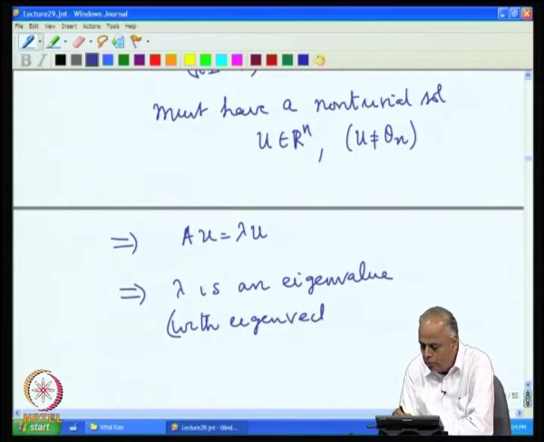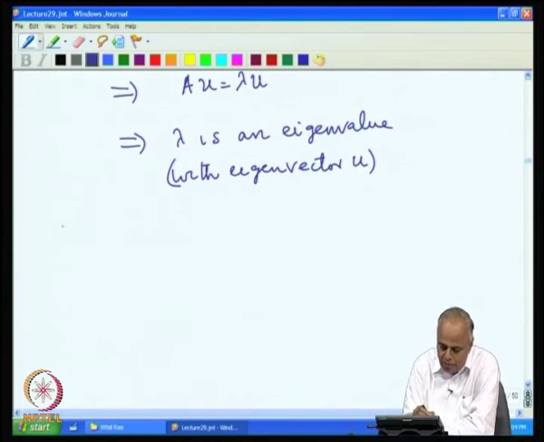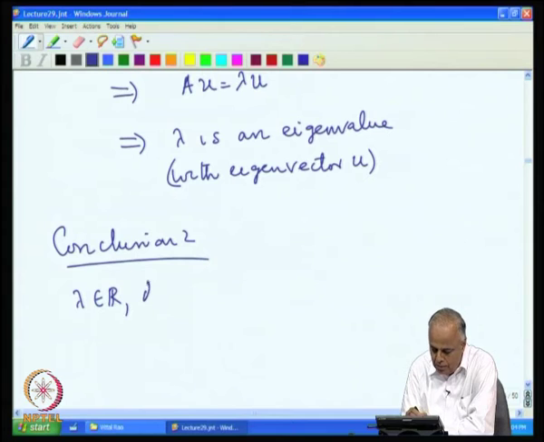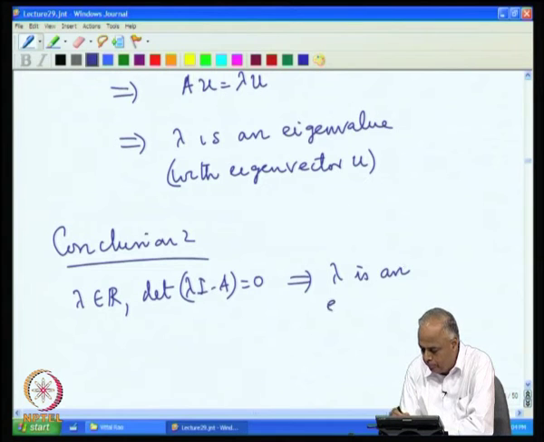So, this is the conclusion 2 we have got: for lambda belonging to R, determinant of lambda I minus A equal to 0 implies lambda is an eigenvalue of A.